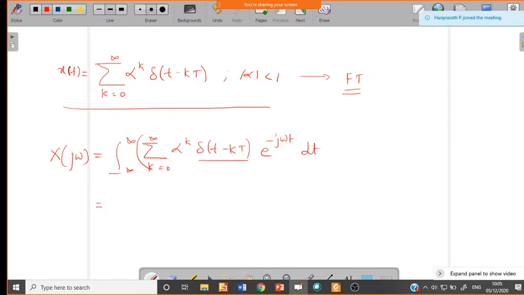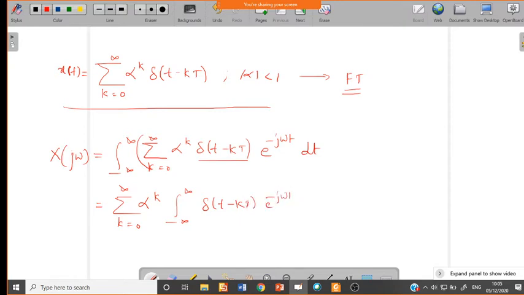If you substitute here, you can take the summation outside, k equal to 0 to infinity alpha power k, and then the integration from minus infinity to plus infinity of del of t minus kT into e power minus j omega t into dt. Wherever t takes the value kT, the delta becomes 1.